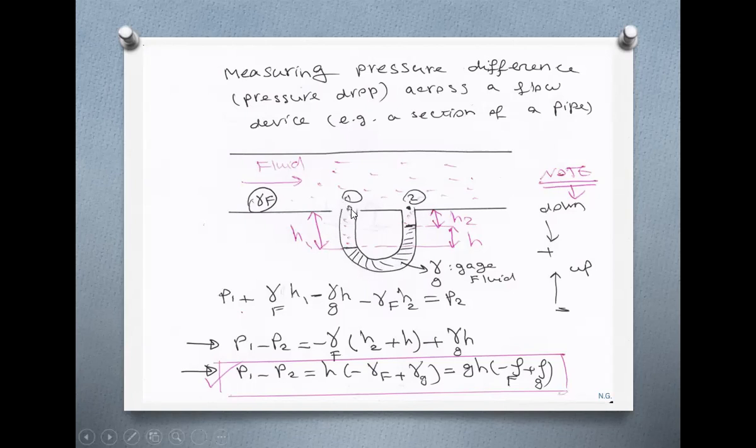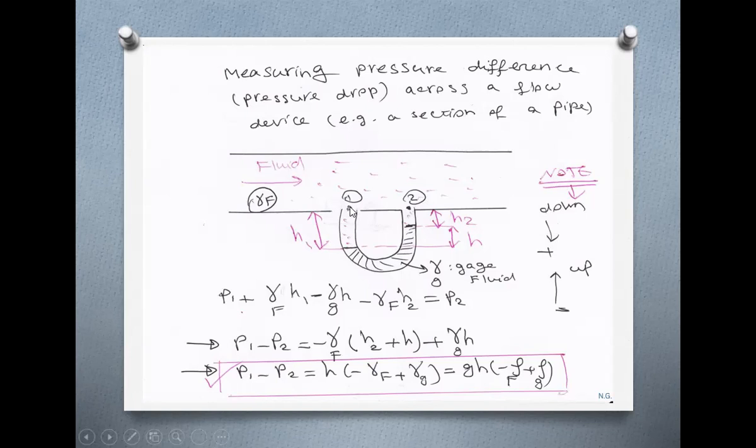So we start from here. Pressure here is P1. You are interested in P1 minus P2, which is the pressure difference between these 2 points. So P1, then you go down by H1. And whenever you go down, pressure increases, because as you go deeper and deeper in the fluid, pressure increases. As you go up, pressure decreases because of the weight of the fluid.